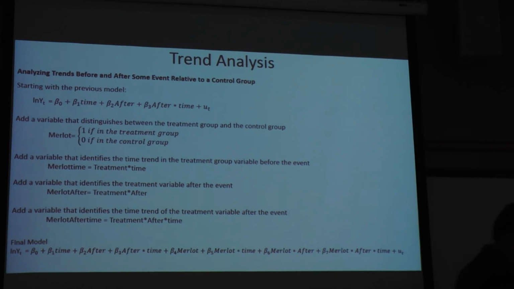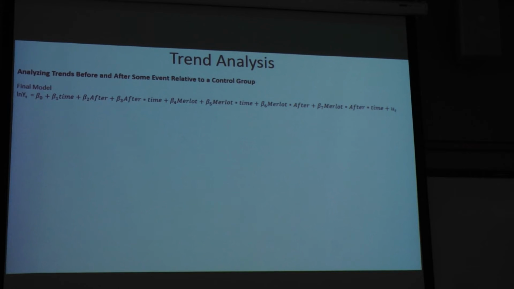All right, let's look at a graph. Let's look at the zero group, which is the control group, which is when our treatment variable Merlot equals 0.